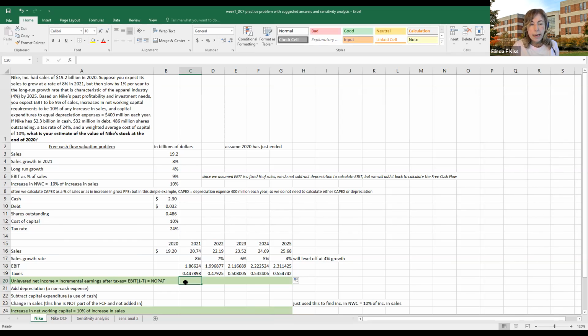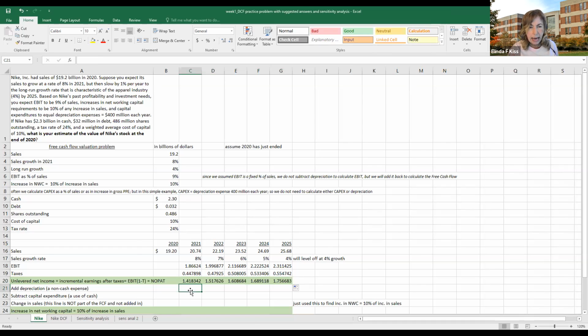Consequently, we are not subtracting the interest expense. All right. So how do we get this unlevered net income? We take the EBIT and we subtract the taxes. And again, I will drag this across, same formula here.